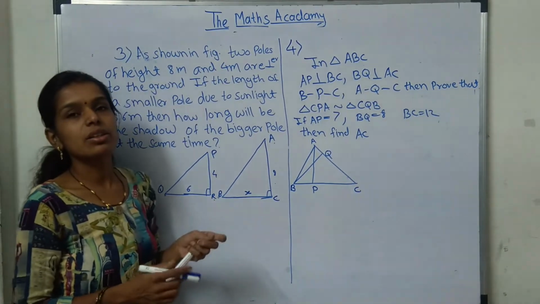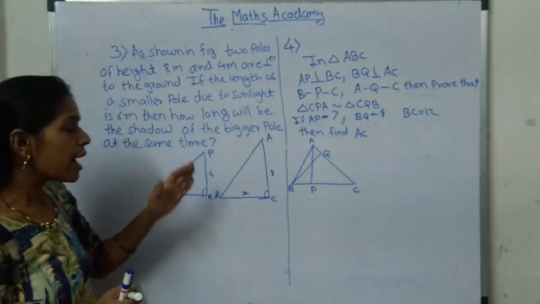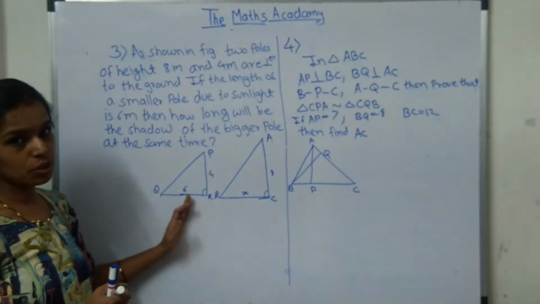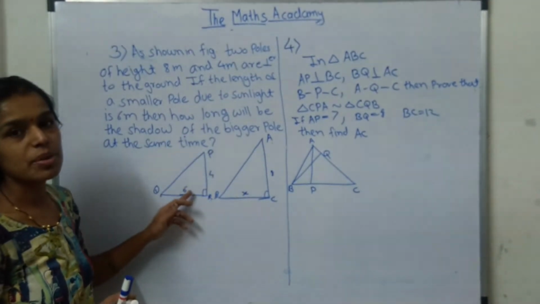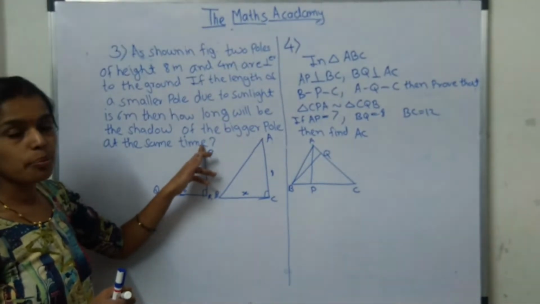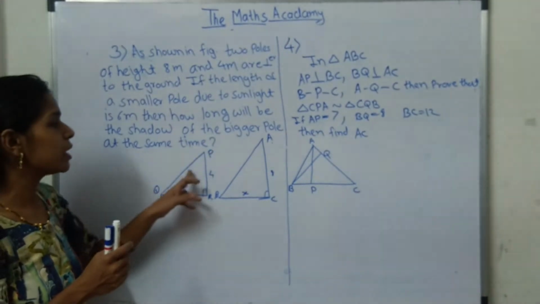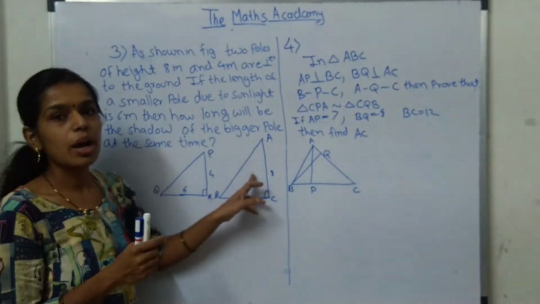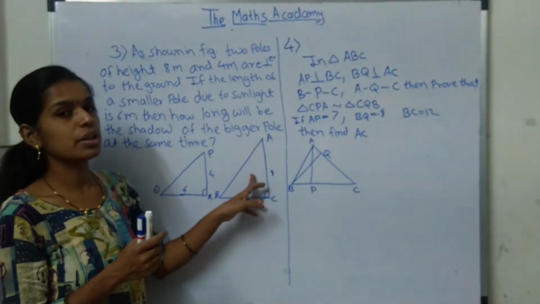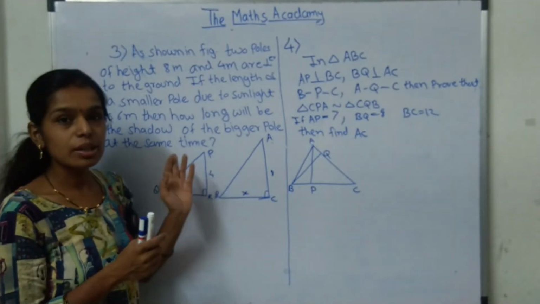To find the value of x, we have to consider two right angle triangles. As the poles are perpendicular to the ground, the angle formed here is 90 degree, and you have to join the top of the pole with the end point of the shadow, and you will get a right angle triangle. So you have two right angle triangles, and these two are similar to each other.